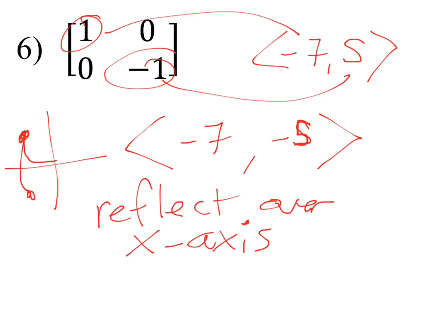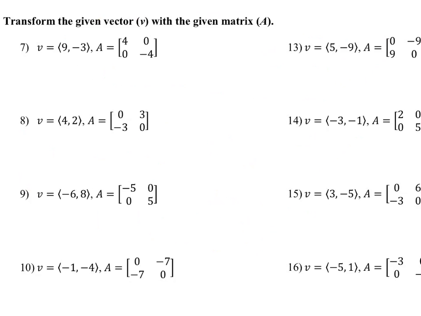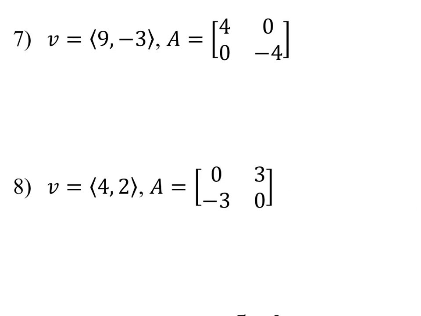Alright, time to continue the solutions for the vector transformations using matrices. In case you missed the last video, it has a lot of explanation as to what I'm going to end up doing next. Mainly, if you have numbers down the main diagonal, you take the first one times the first thing, the second one times the second one, and you keep the order the same.